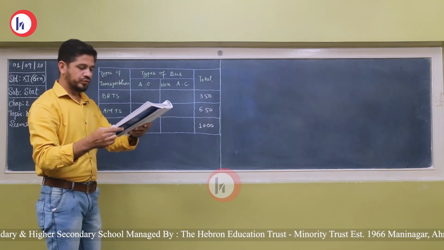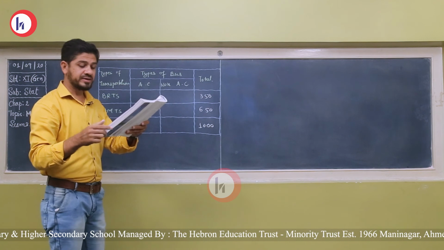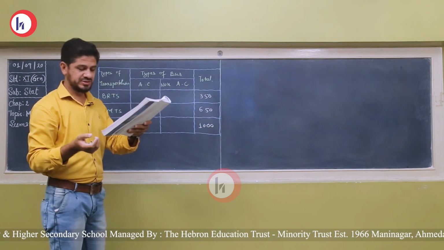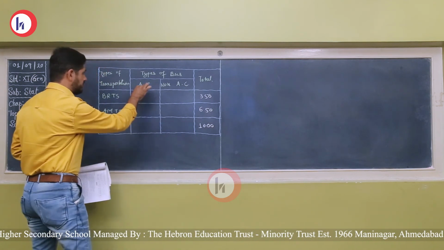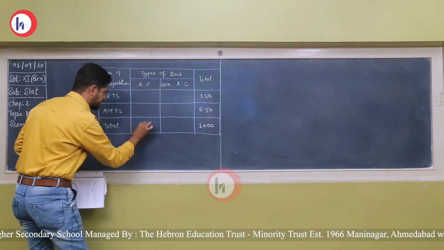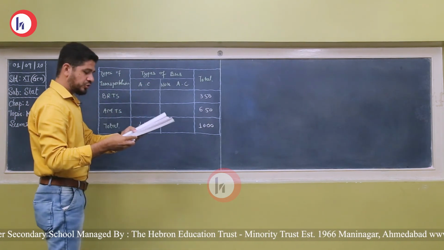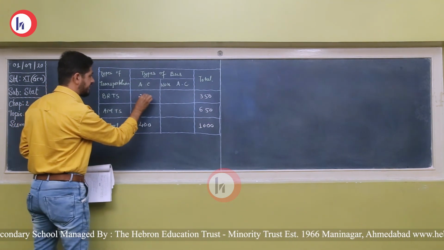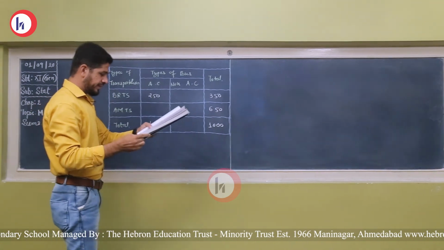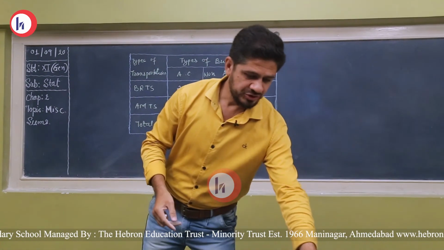Now out of a total 400 air-conditioned buses, so the total number of air-conditioned buses is 400. 250 were used as BRTS. Among them 250 used as BRTS.